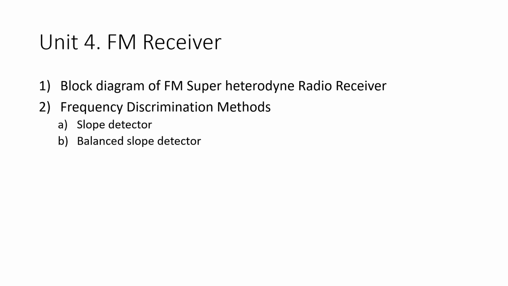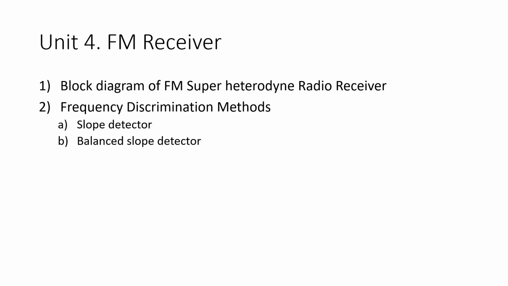The slope detector and balanced slope detector use the frequency discrimination method to get amplitude variations from the input FM signal. For this purpose, tuned circuits are used. Once the signal is converted into amplitude variations, it is given to the envelope detector or diode detector for demodulation of the information signal.